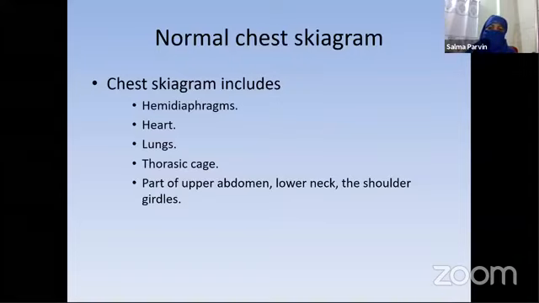And again in written form, we can go through the normal components of the chest. The diagram includes hemidiaphragms, heart, lung, thoracic cage, part of upper abdomen, lower neck, and the shoulder girdles.